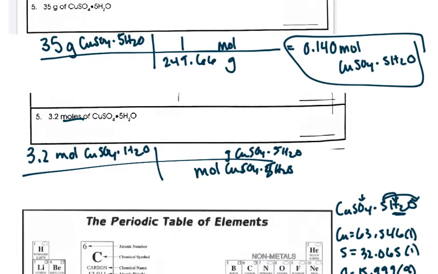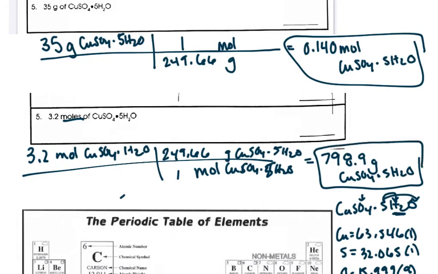And again, I'm using the same number as before because it's the same compound, but this time the 249.66 is going on the top because the number stays with the grams. The mole always gets the 1. So now instead of dividing them, I'm going to multiply that out, and I get 798.9 grams of copper sulfate pentahydrate. So there's one of each going both directions.